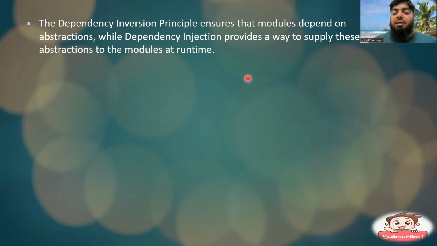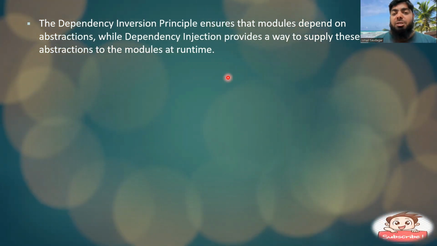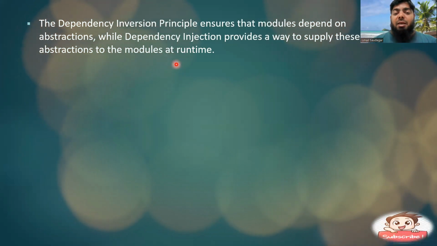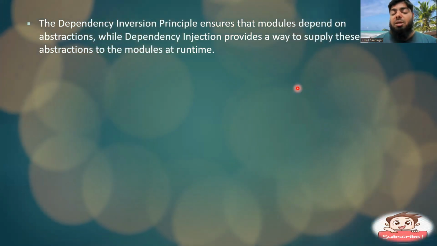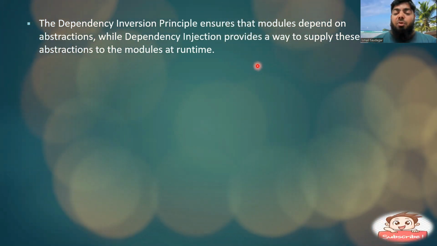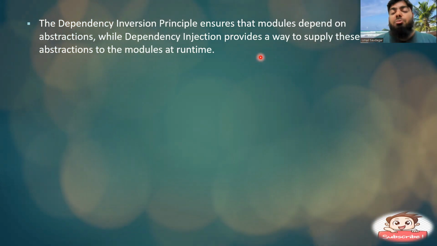We should not directly create the object inside the class, because if we directly create it, then class A in our example becomes dependent on object B. Instead of that, we create an interface, and from that interface we inherit our class, so that the class object can be passed.